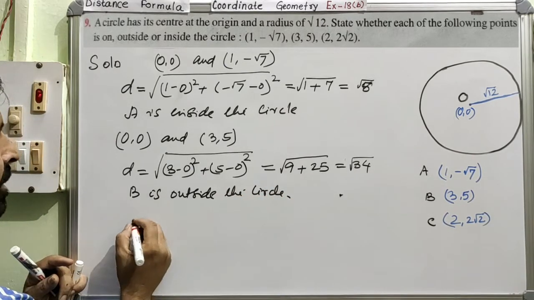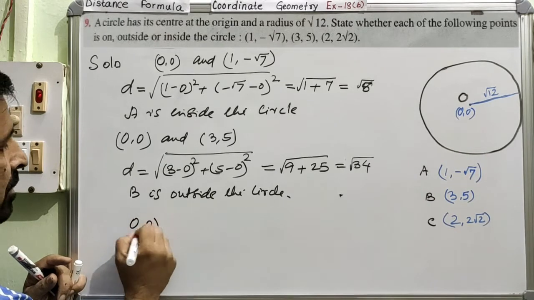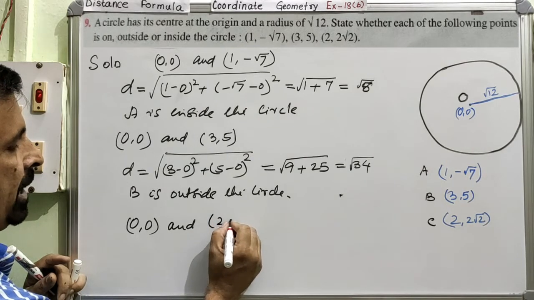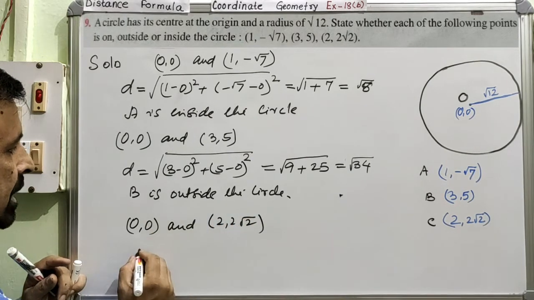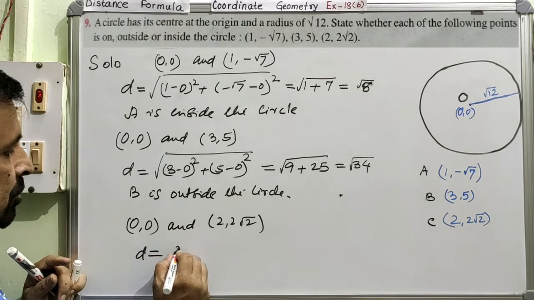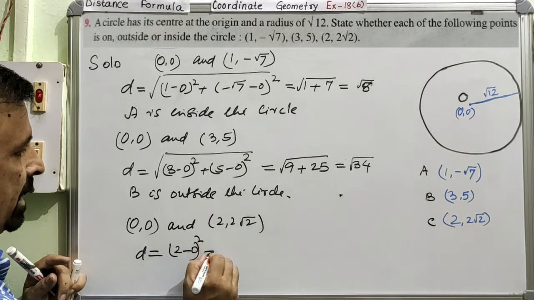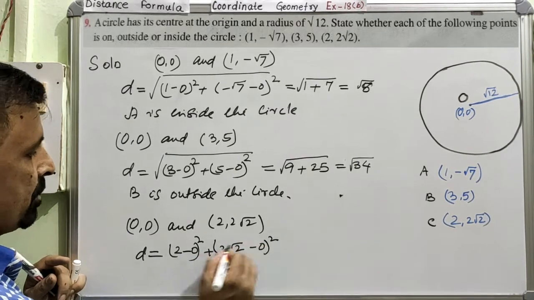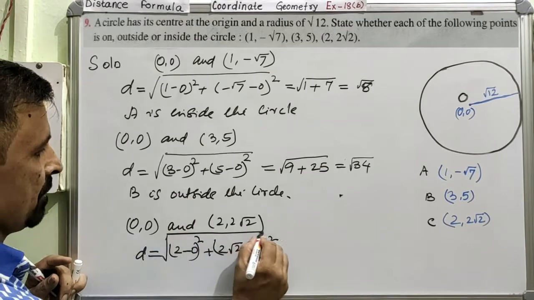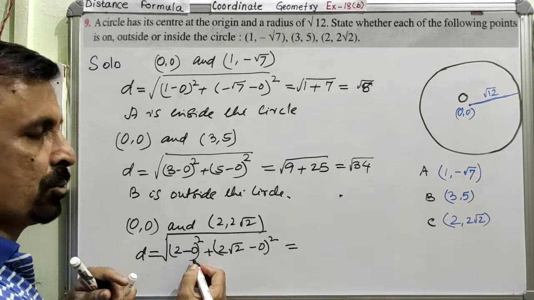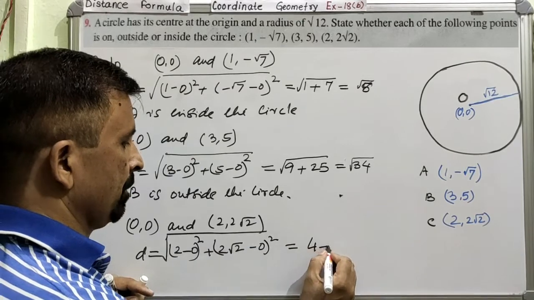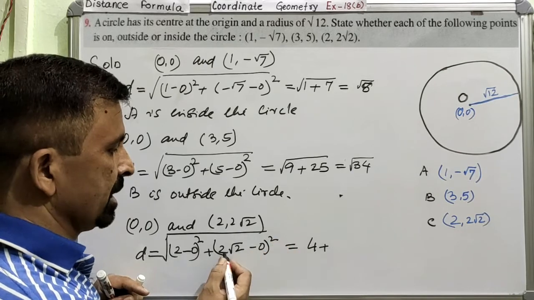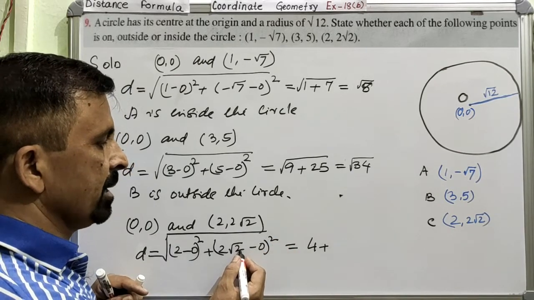Now we are left with the last one, C. So another one is (0, 0), and the third point's coordinate is (2, 2 root 2). So D again is the square root of (2 minus 0) whole square plus (2 root 2 minus 0) whole square. 2 minus 0 means 2 and 2 square means 4, plus 2 root 2 minus 0 means 2 root 2 only, and 2 root 2 square means the square of 2 will be 4 and the square of root 2 will be 2.